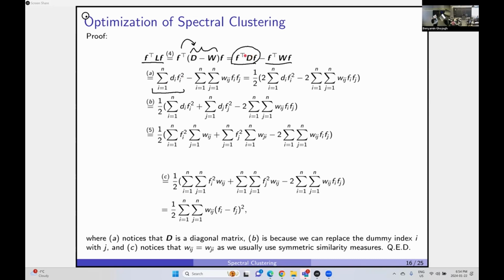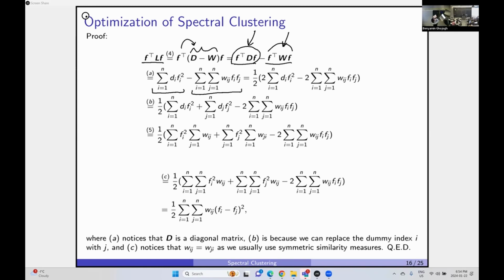We have f twice, fi squared di, and also this double summation of wij fi fj. By the way, why is this a double summation but this is one summation? Because D is diagonal, but W is not diagonal.